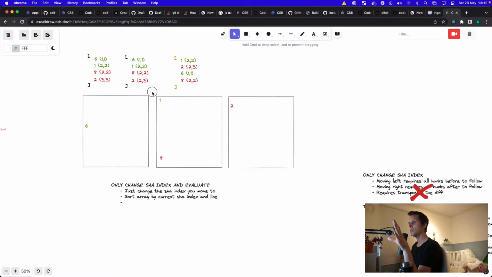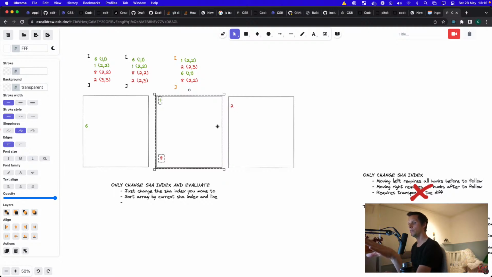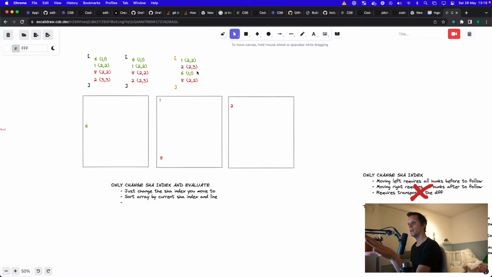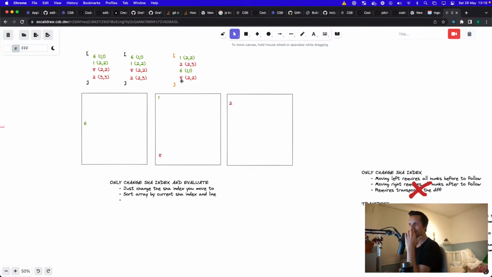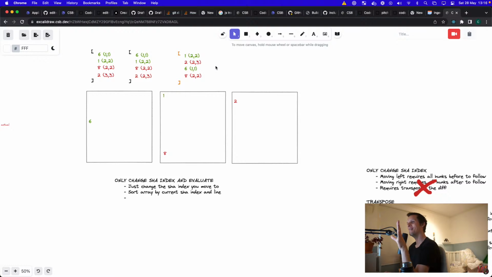If I were to produce the contents of this, let's forget about moving the 2 for now, I would filter on everything below or including this SHA, which would mean that we would have, in this case, like 1, 6, and 8, which is a problem because it added 6 before it added 1. But okay, let's forget about that.